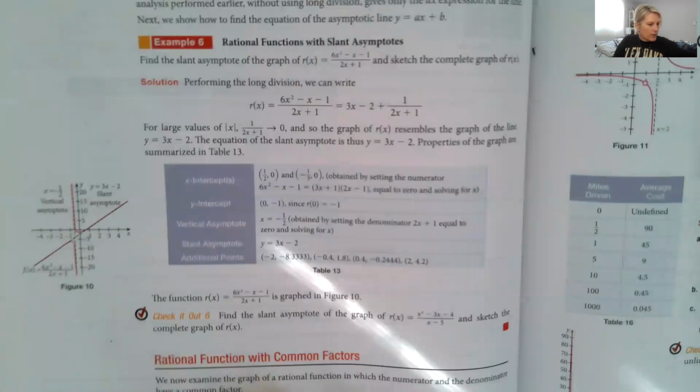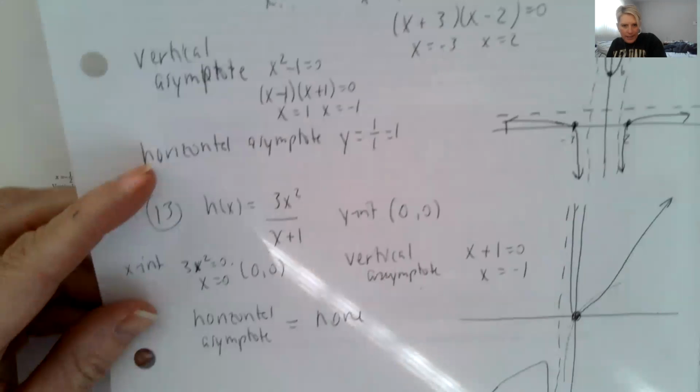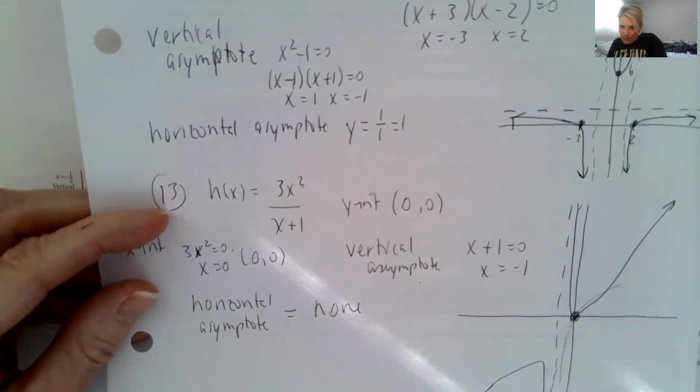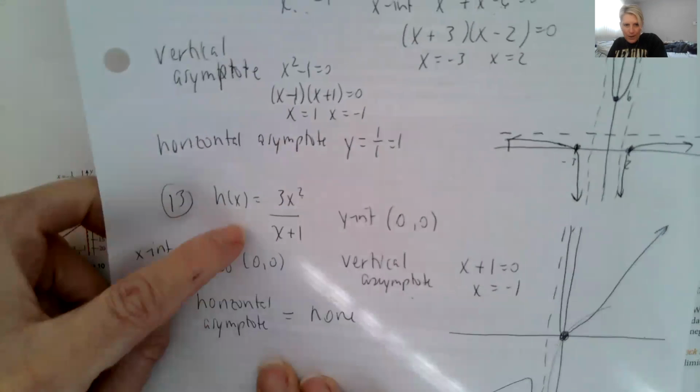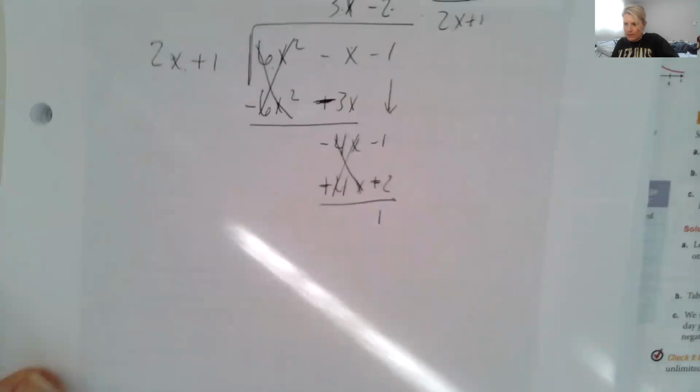So on number 13, we have an asymptote. So let's go back to that number 13 and see if we can figure out that slant asymptote.